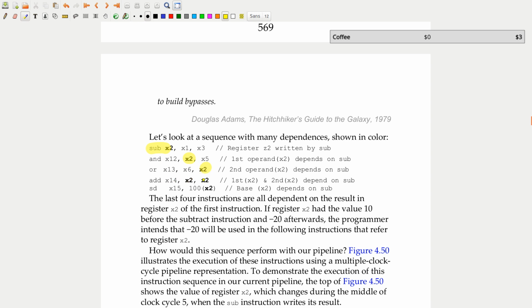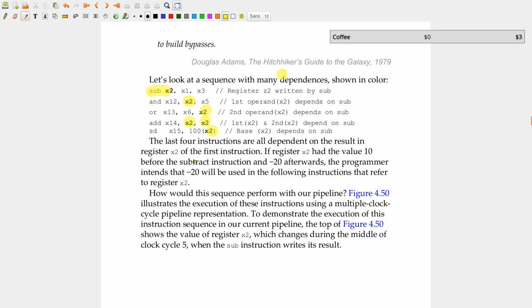Here we're consuming it again and again. All of these are consuming this x2 value that is produced initially. We can already kind of see that by the time we hit that store instruction, x2 is probably going to be generated. But what about for the AND? What about for the OR instruction? Maybe not.